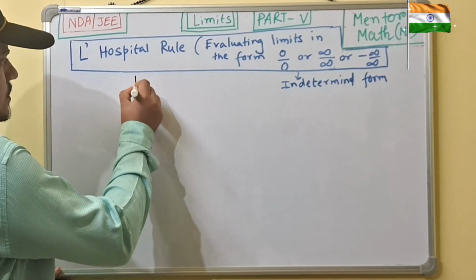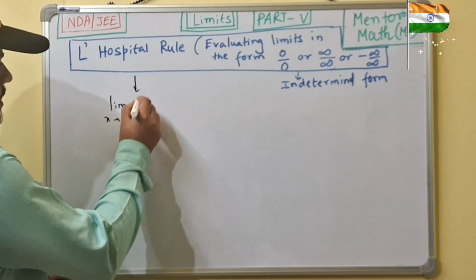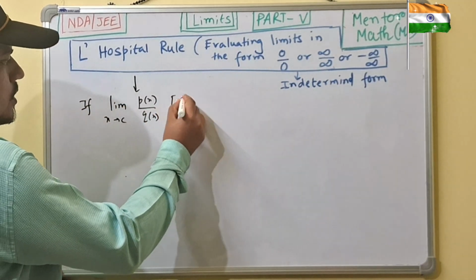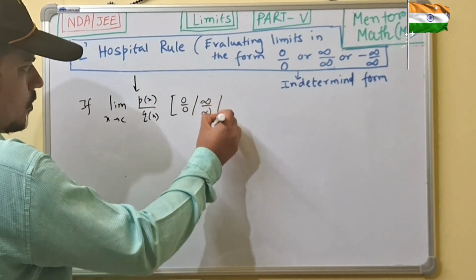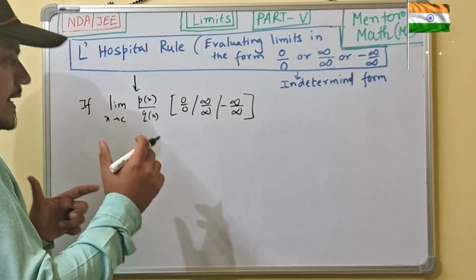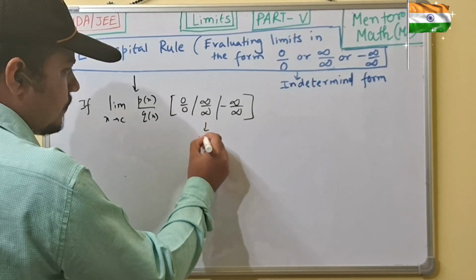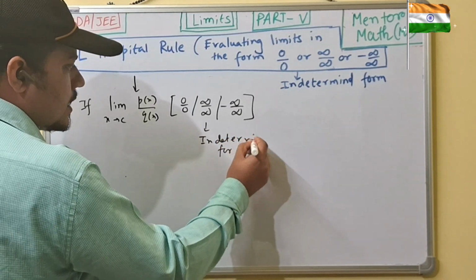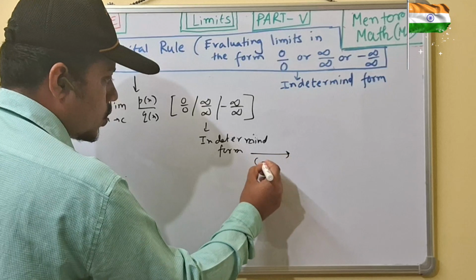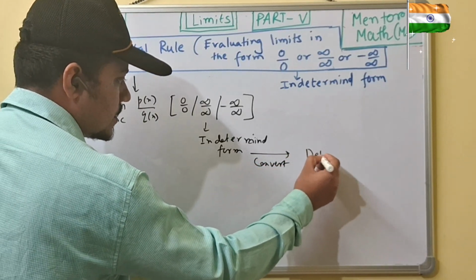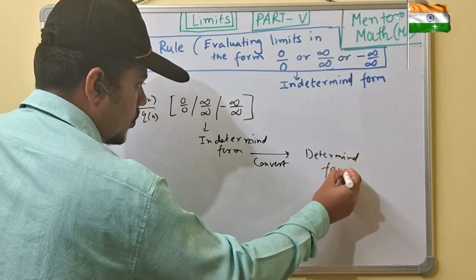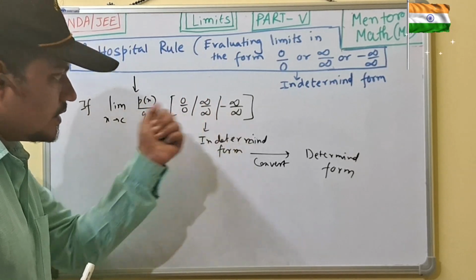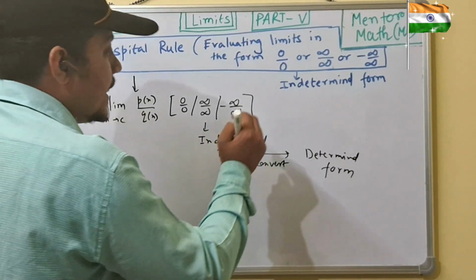If limit x tends to c of p(x) by q(x) is 0 by 0 form, infinity by infinity form, or minus infinity by infinity form, then the rule says this indeterminate form converts to a determined form.